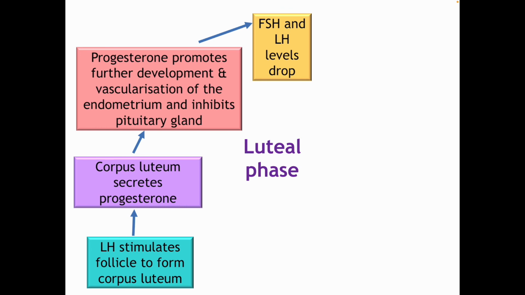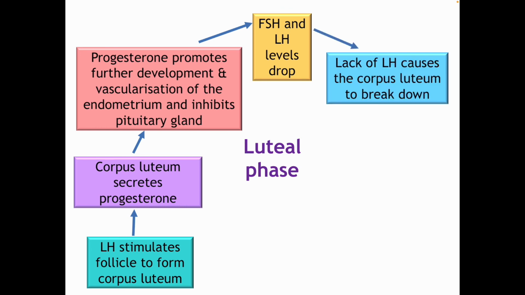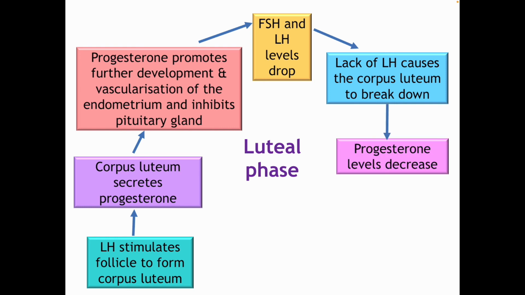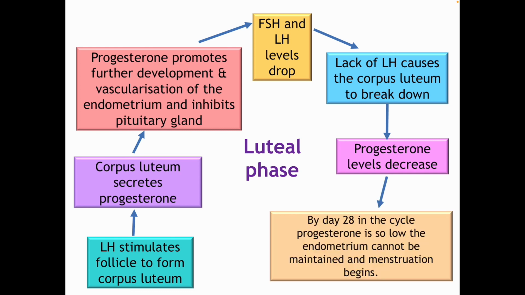So FSH and LH levels drop. The lack of LH causes the corpus luteum to break down. Progesterone levels decrease. And the progesterone levels eventually fall so low that the endometrium cannot be maintained and the endometrium is shed during menstruation.